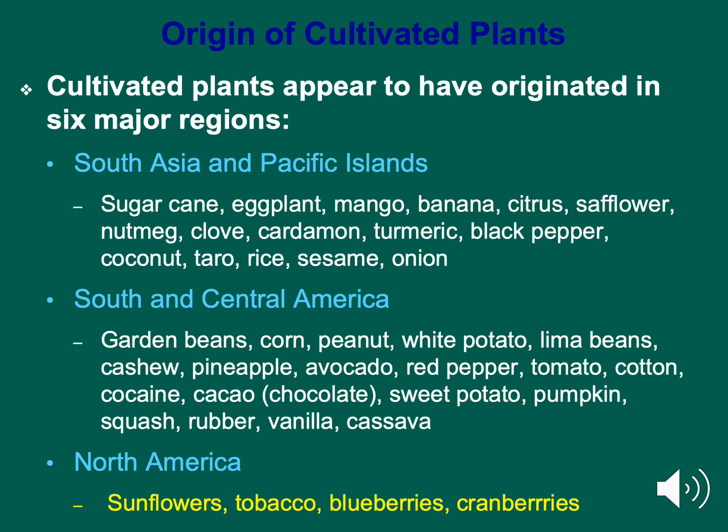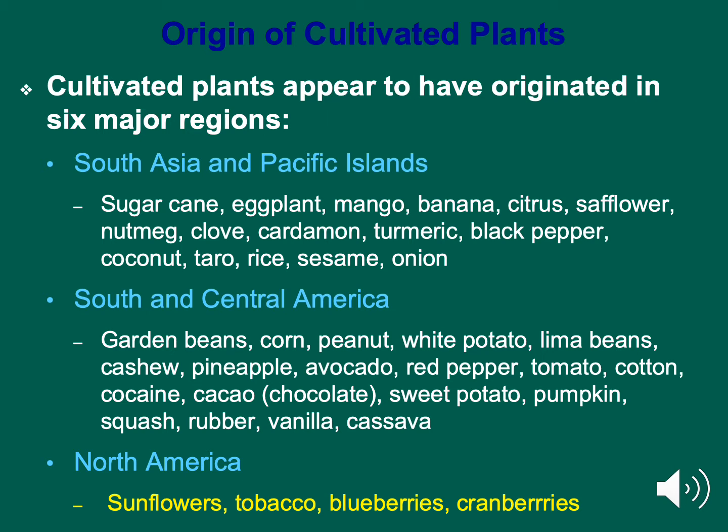In South Asia, you'll see things such as sugarcane and some tropical fruits like mangoes and citrus. In South and Central America, you'll see things like corn, potato, tomatoes, and cotton. Our contribution from North America is not very much. It's kind of sad. But what we contribute to the global agricultural industry are sunflowers, tobacco, blueberries, and cranberries. Now, I always joke that our contribution will either give you cancer or cure a UTI.